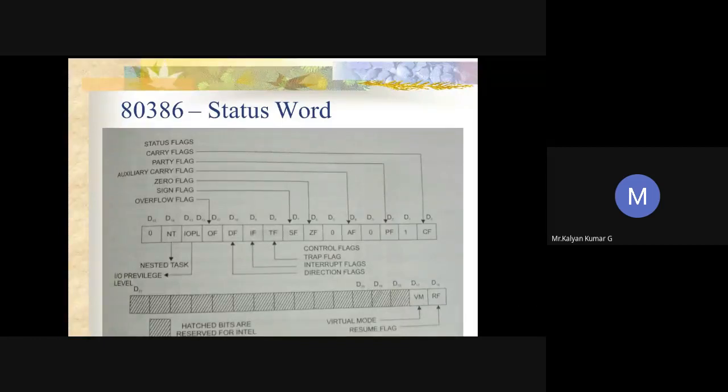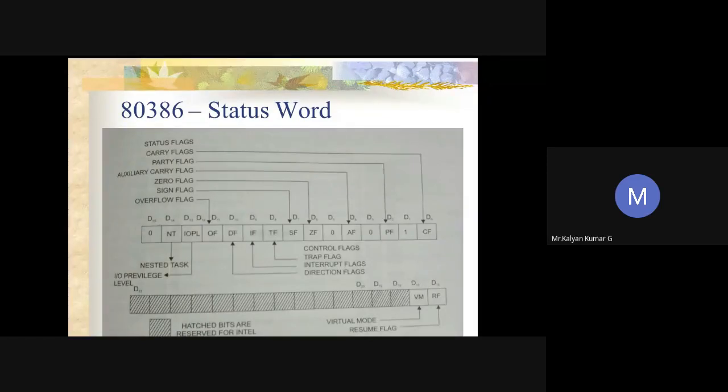Among these 32 bits, D18 to D31 and a few more bits, I think D15, D3, D5, are reserved by Intel, maybe for use in the future for some other purposes. And the D1 bit is always equal to 1.